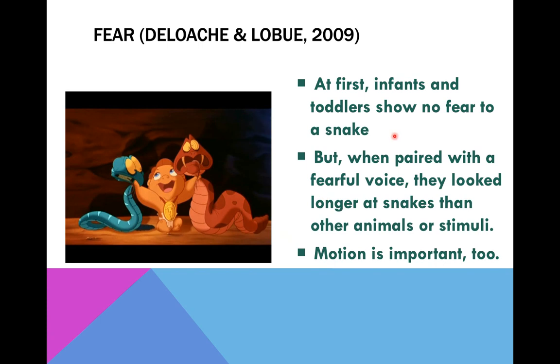And at first, if you just give a baby a snake, they actually don't show any fear response. But if you present that snake paired with a fearful voice or a fearful face, those infants and toddlers look longer at the snakes than any other stimuli and eventually showed fear.